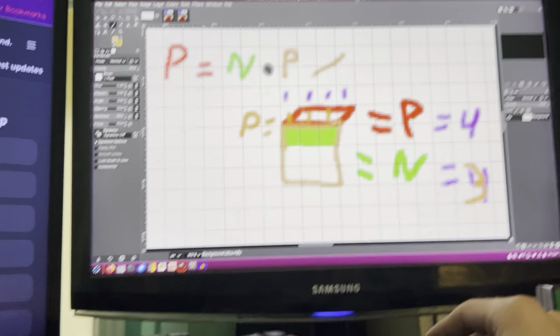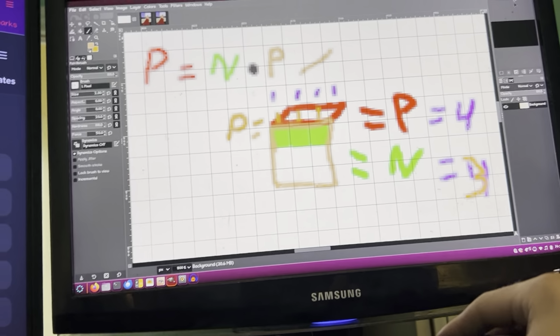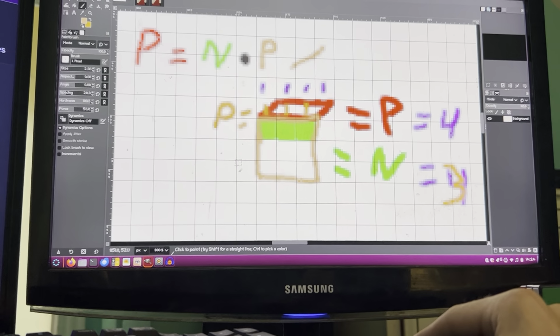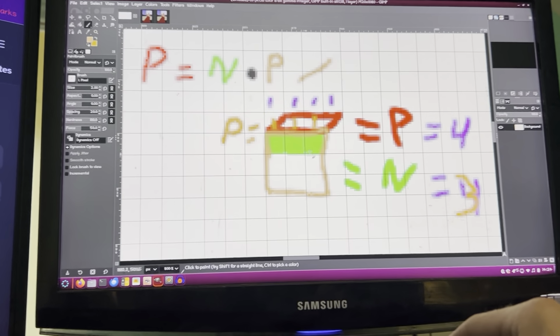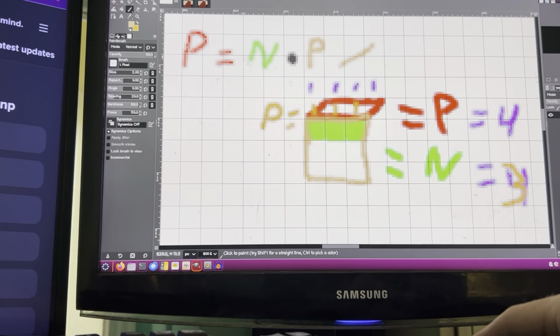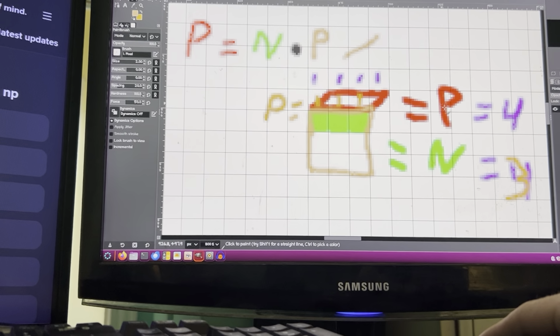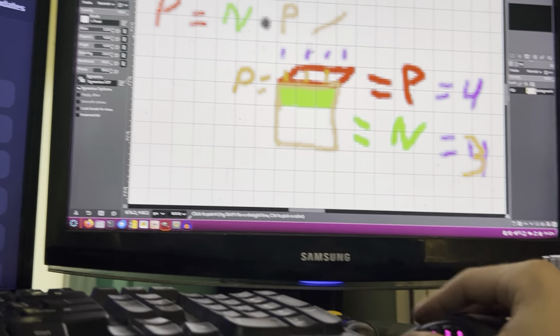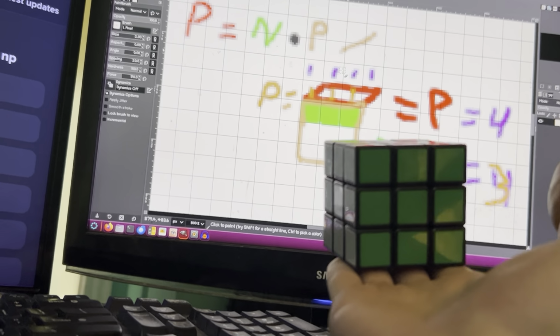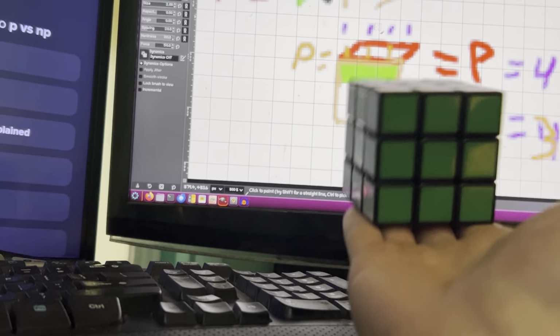Now you can get more interesting with this. You know, there's a certain equation you can do to get more validation here, right? How do I prove that P equals NP for real? Well, you must understand that the cube is both light and it is matter.